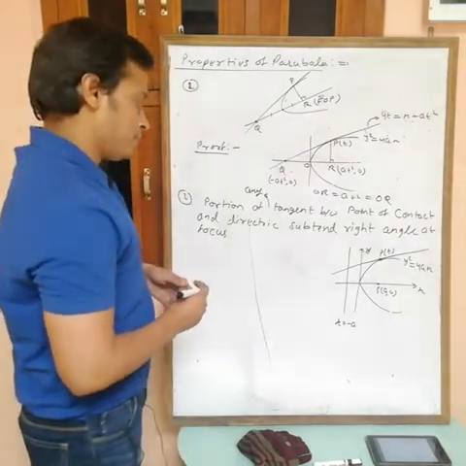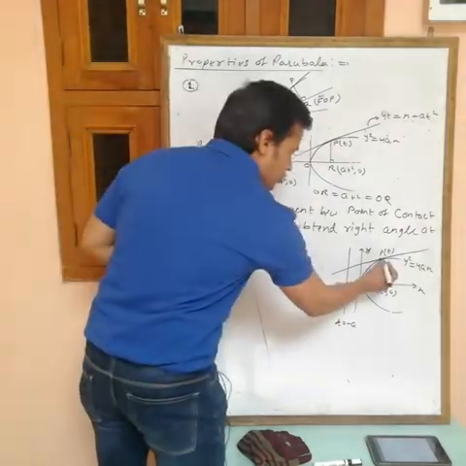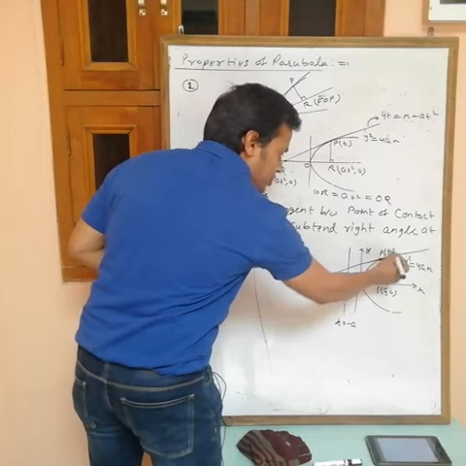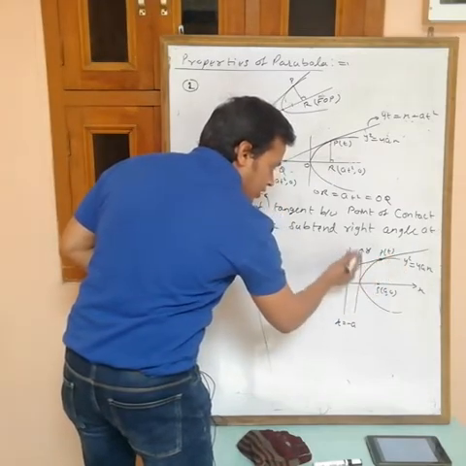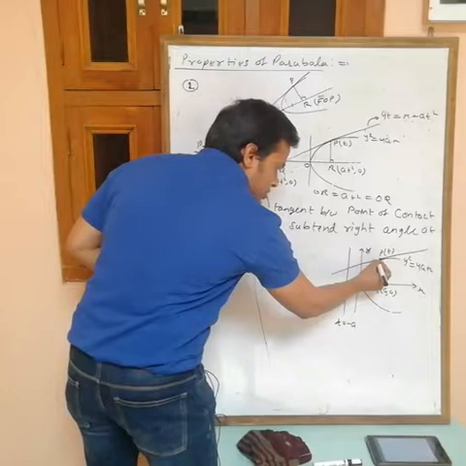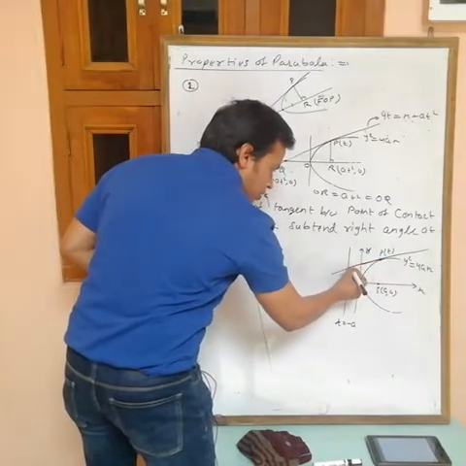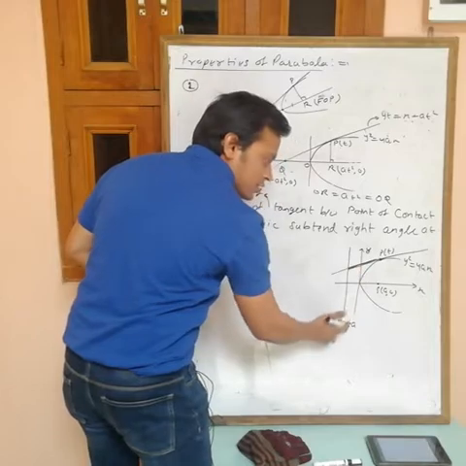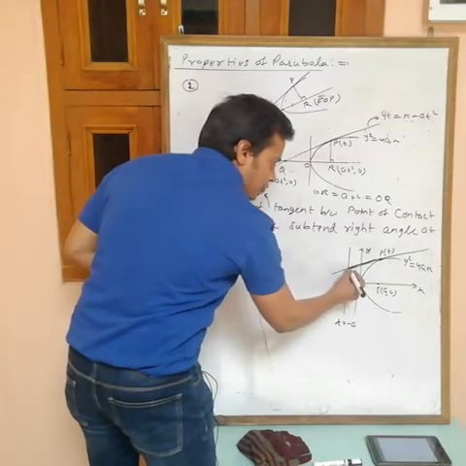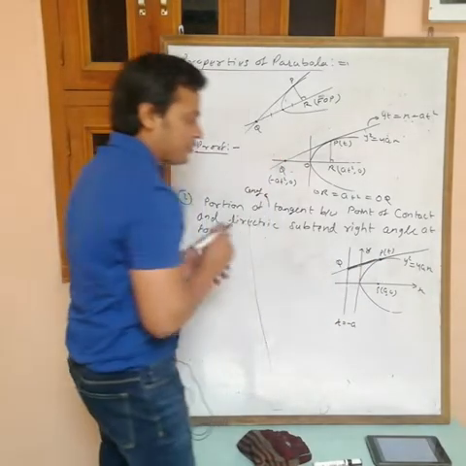The portion of this tangent between the point of contact and the directrix is this. This is the directrix, this is the point of contact, and suppose this is Q.